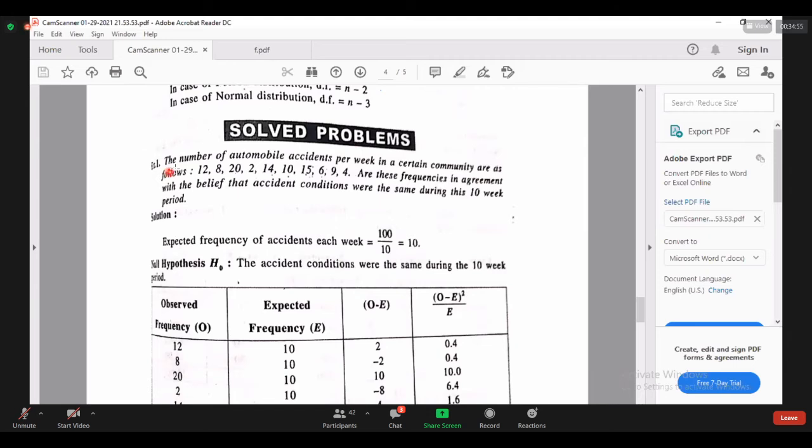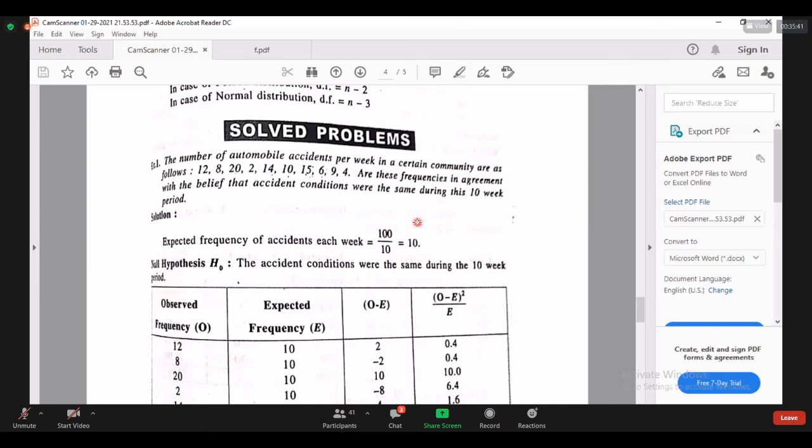Once all of you read this question: the number of automobile accidents per week in a certain community is as follows: 12, 8, 20, 2, 14, 10, 15, 6, 9, and 4. Are these frequencies in agreement with the belief that accident conditions were the same during the 10-week period?